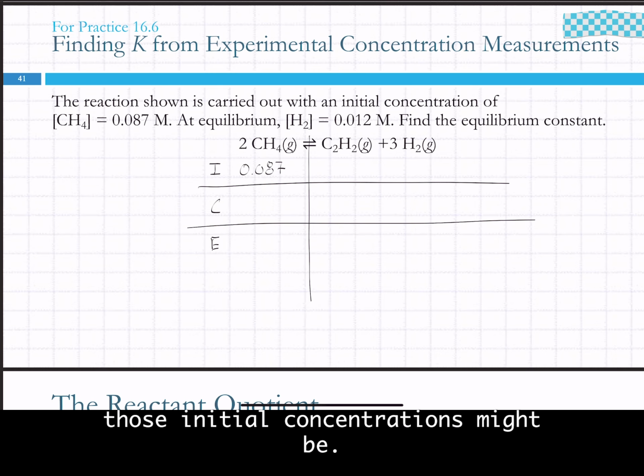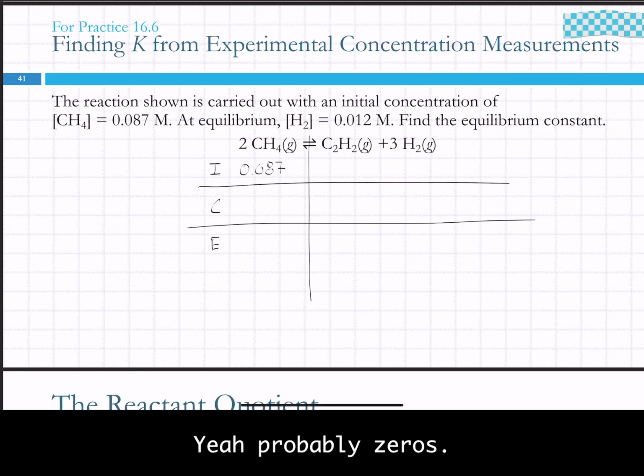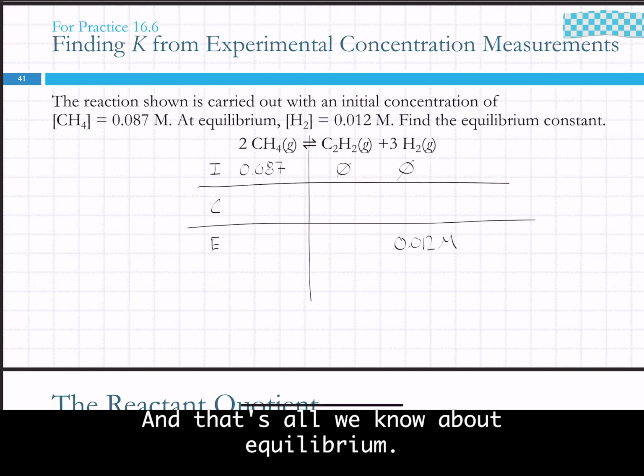Can I infer what those initial concentrations might be? Yeah, probably zeros. They're not given, almost definitely 0. And then we can do equilibrium concentration, 0.012. And that's all we know about equilibrium.